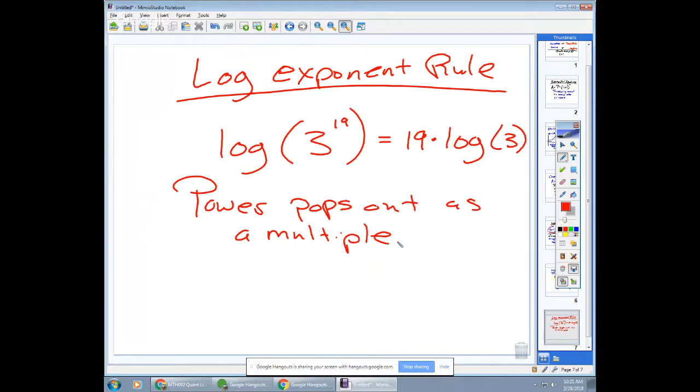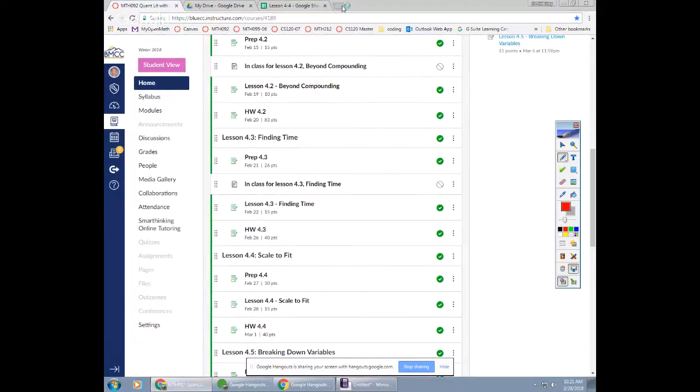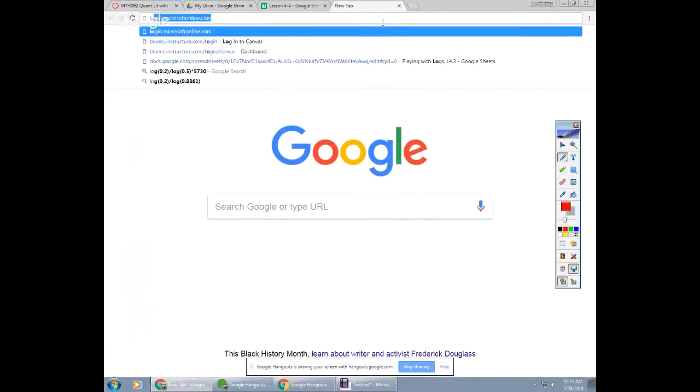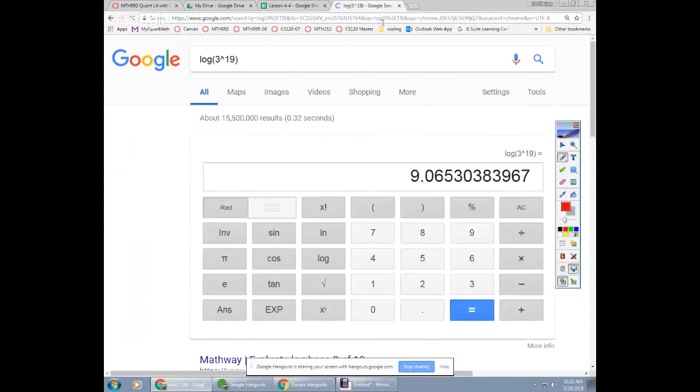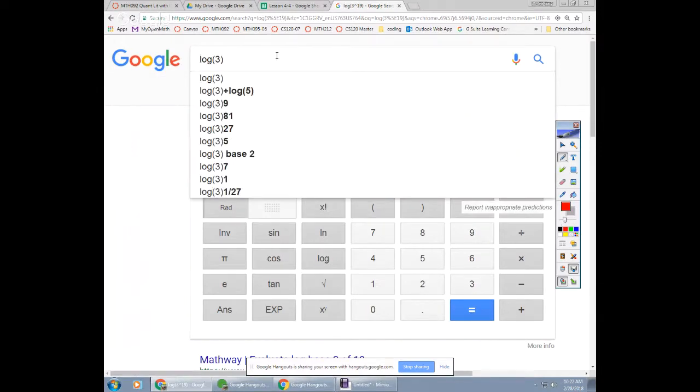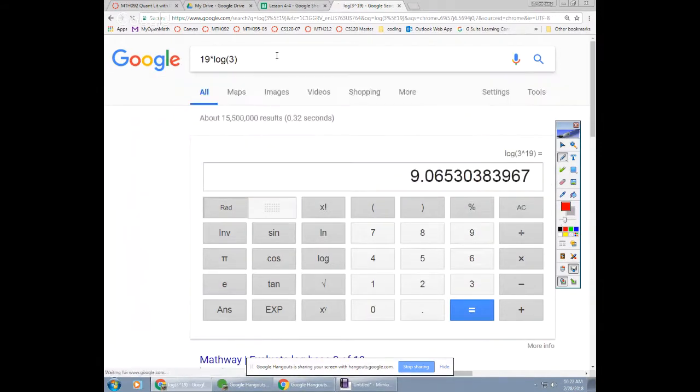So log of 3 raised to the 19th. My Google calculator says it's about 9-ish, 9.065. And if instead I take that 19 and write it as a multiple 19 times, I get exactly the same number. Okay? And that can help us solve problems.